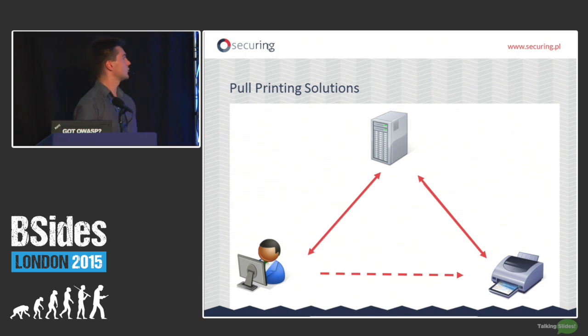And I did a big research on pull printing solutions, which probably you know how it works. You don't print directly to the server, to the printer. You print through the job server, and you collect these things at the printer by swiping your card or entering your username. And the printer requests the job files from the server.